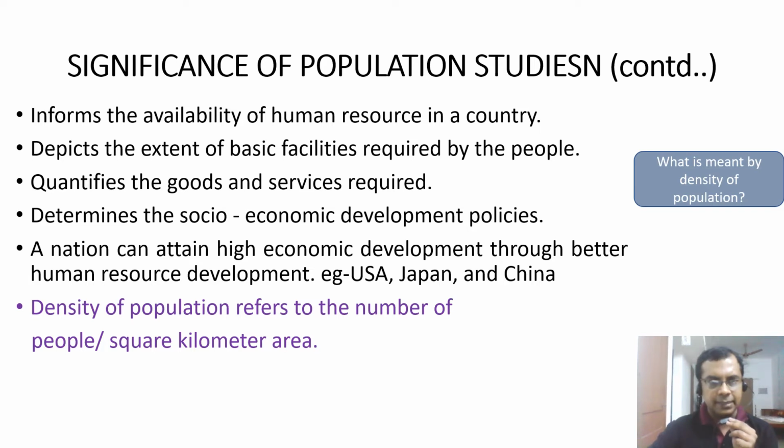It depicts the extent of basic facilities required by the people, quantifies the goods and services required, and determines the socio-economic development policies. A nation can attain high economic development only through better human resource development. The important examples are US, Japan and China.